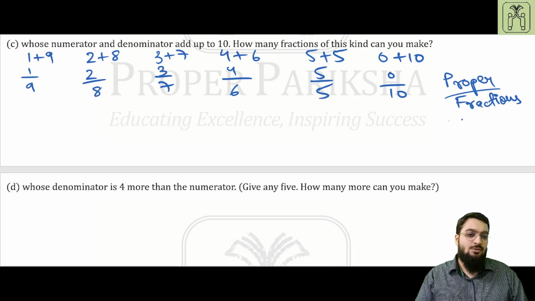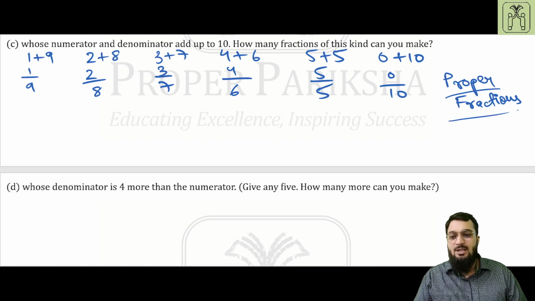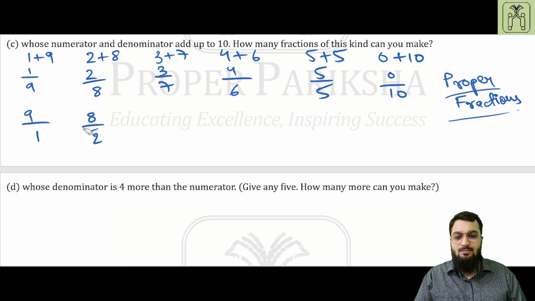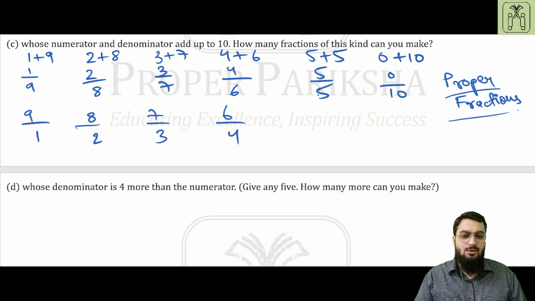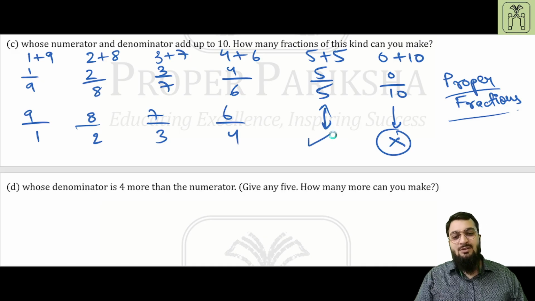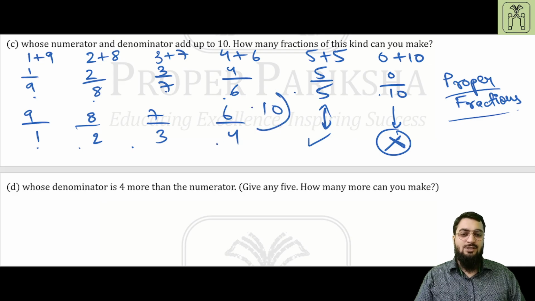However, if the question was how many fractions could you make, then we'll have 9 upon 1, 8 upon 2, 7 upon 3, 6 upon 4, and 5 upon 5 is the same, so it cannot be repeated. 0 upon 10 would repeat as 10 upon 0, which will not make a fraction. Therefore, the total number of fractions is 10 in total, but only 3 and 6.